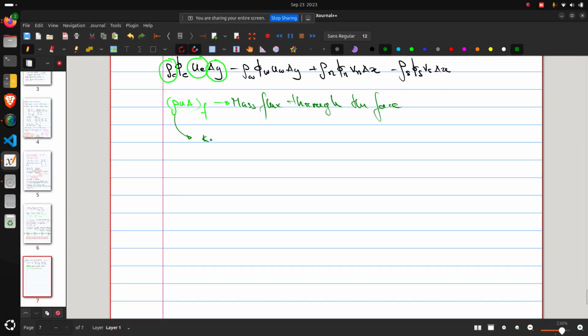This is kg per meter cube, velocity is meter per second, area is meter square.